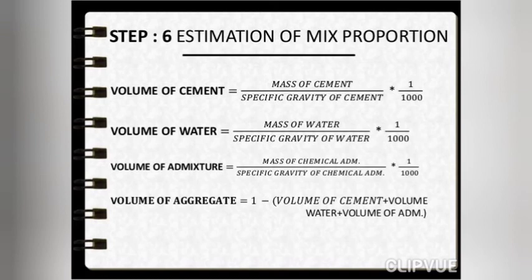Volume of admixture is equal to mass of chemical admixture divided by specific gravity of chemical admixture into 1/1000. Volume of aggregate is equal to 1 minus the volume of cement plus volume of water and volume of the admixture used.